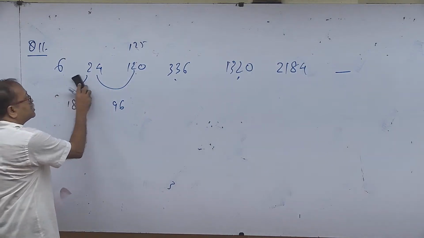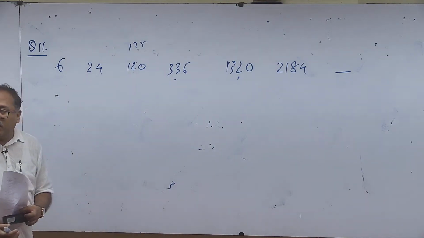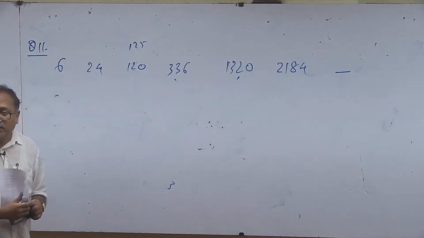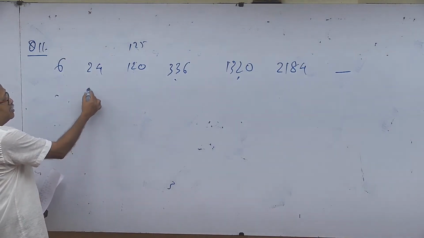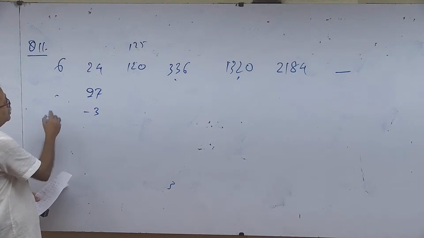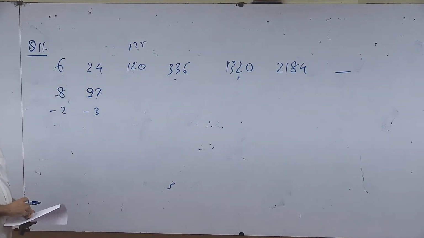Can I try this? Look at this one. Exactly this will happen with you also in the exam, that you are not getting the right direction of thought. Now I started thinking that it could be 27 minus 3, 3 cube minus 3. It could be 8 minus 2, 2 cube minus 2.